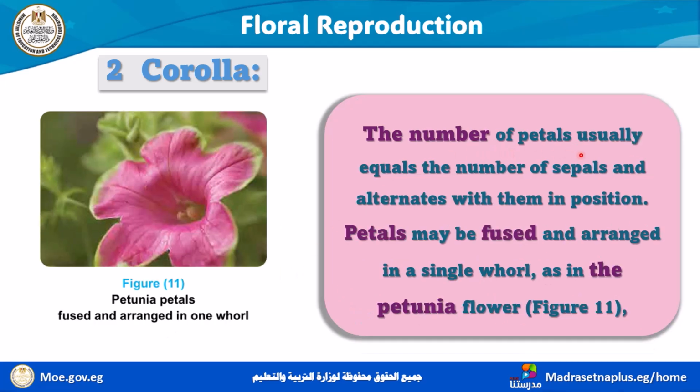The number of petals usually equals the number of sepals and alternates with them in position. Petals may also be fused and arranged in a single whorl, as in the case of this figure. It's the petunia petals. They are fused and arranged in one whorl.